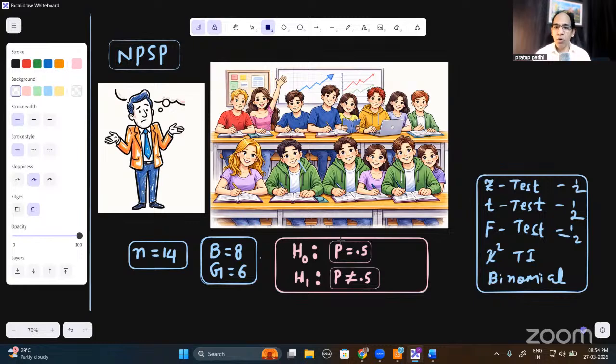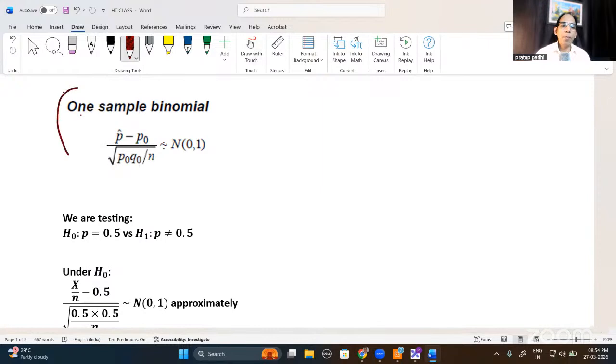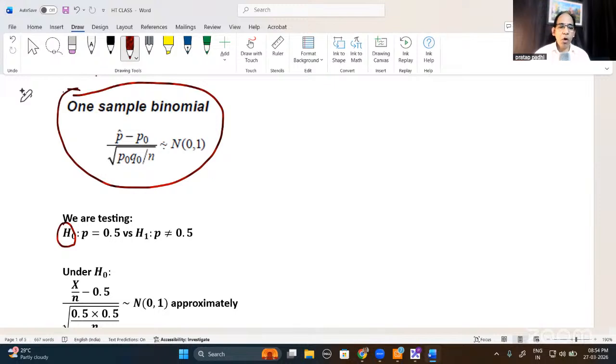So for the test, I will not do it as I already mentioned. I'll just let you know what test you need to apply. Now this one also, see how you can do a one sample binomial. Under H naught, P is 0.5, versus H one, P is not 0.5. Under H naught, all the time we check like this. That means we assume H naught and find the test statistic whose distribution we know, approximately normal, but n is not very large, n is 14.